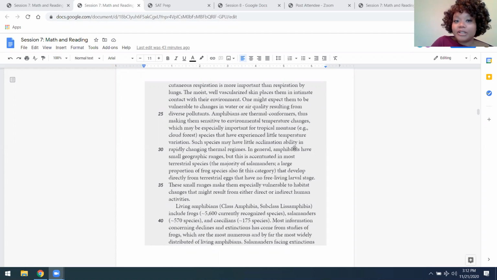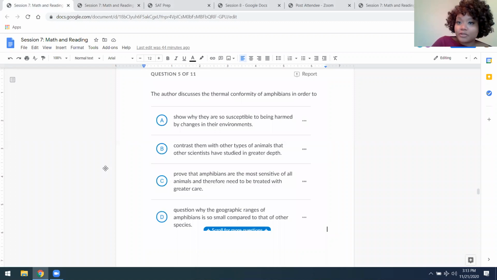They have little ability when they're in rapidly changing thermal regimes. So thermal, I'm like, okay, that means something with temperature. And that's because line 25 says amphibians are thermal conformers, and they're sensitive to environmental temperature change. So combining those two things, it'll help me get answer choice A.